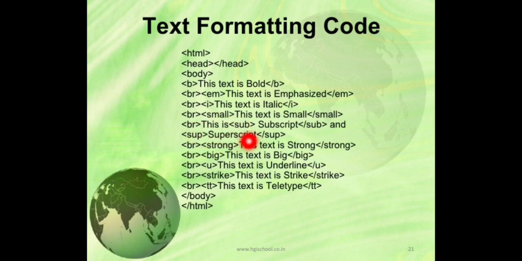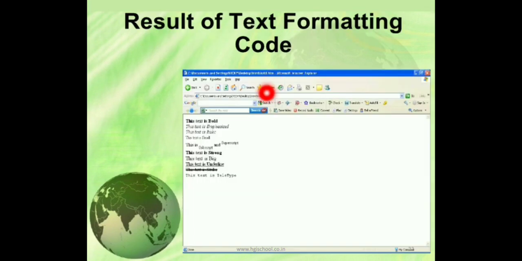This is SUB subscript, which I said is slightly below the baseline, used to write chemical formulas, and this SUP will be slightly above the baseline, for mathematical formulas. Now BR, strong, BR, big, U tag, strike tag, TT tag, and so on. So you can see the same way.